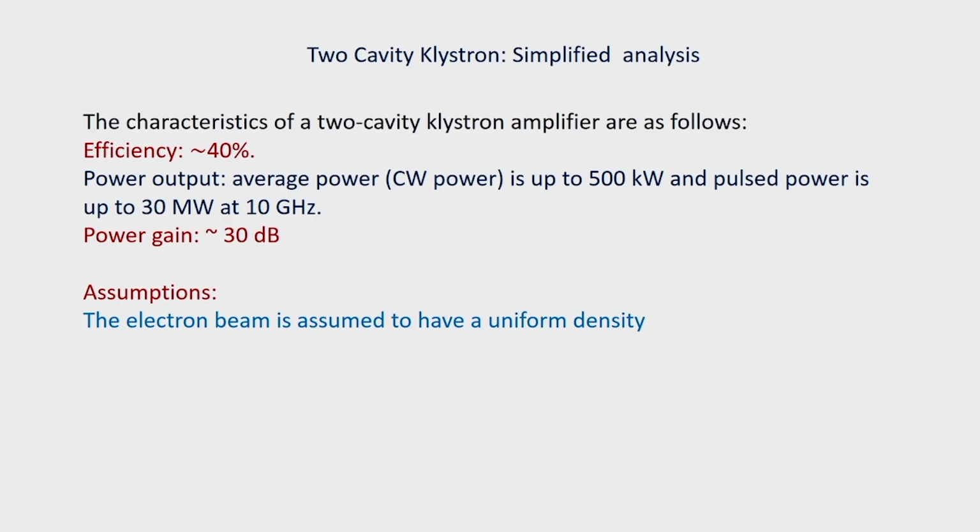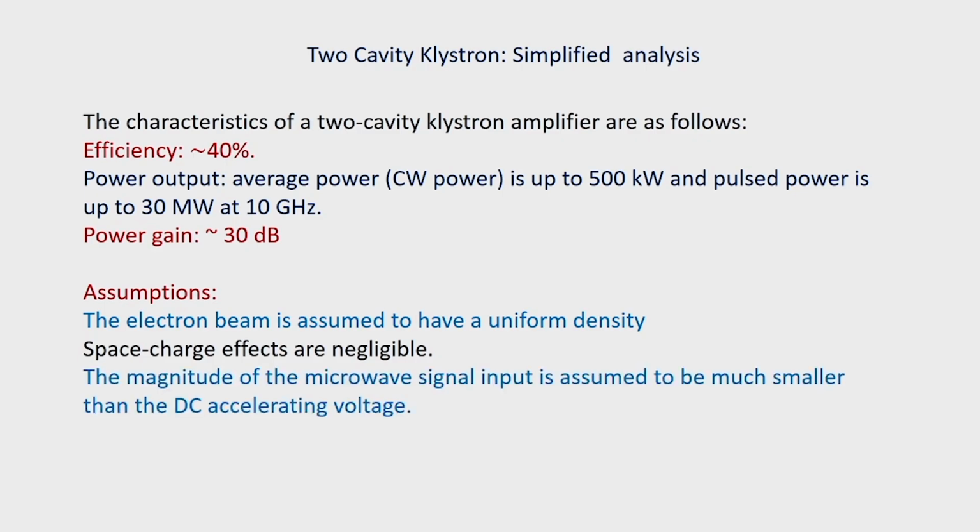While carrying out the simplified analysis of this type of klystron device, we make the following assumptions. The electron beam is assumed to have uniform density across its cross section. The space charge effects are negligible. So, when we have a beam of electrons, there will be mutual repulsion, and those effects are not considered here.